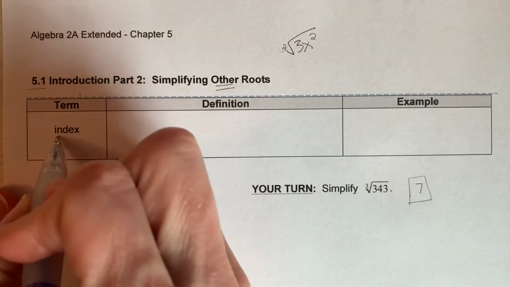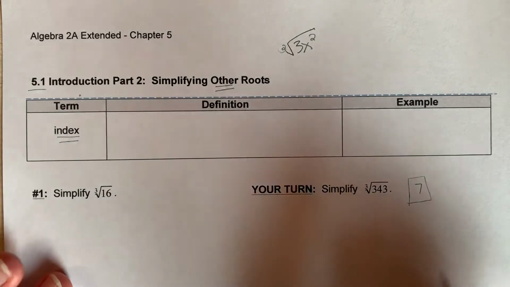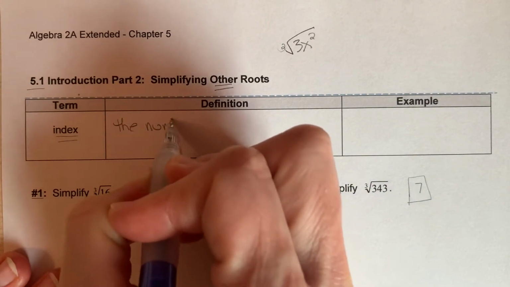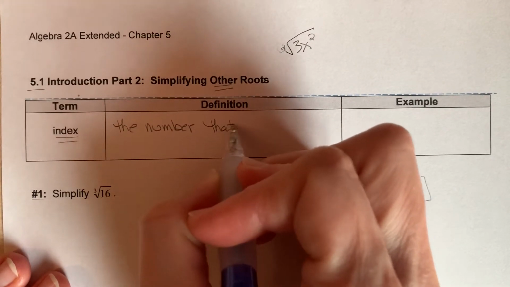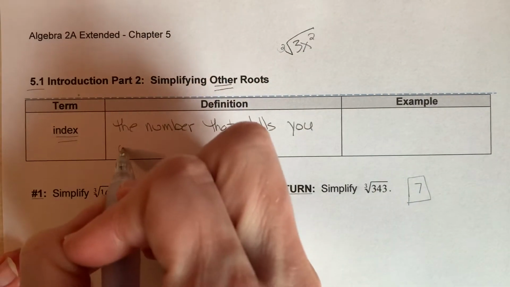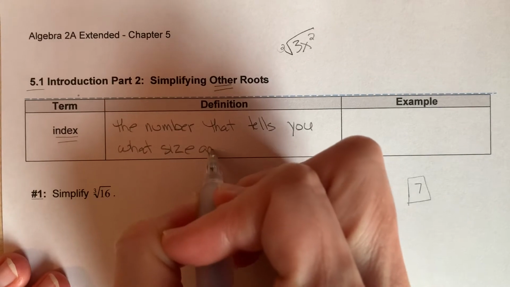So the index, you can think of that as the number that tells you what size group you need for a jailbreak.